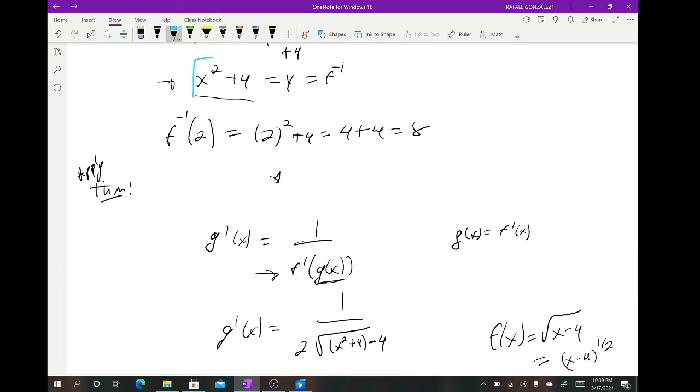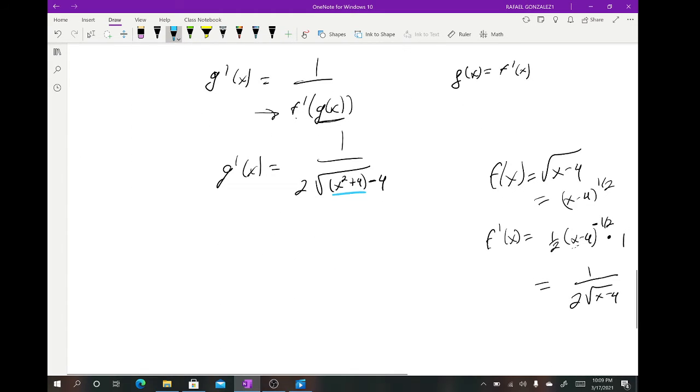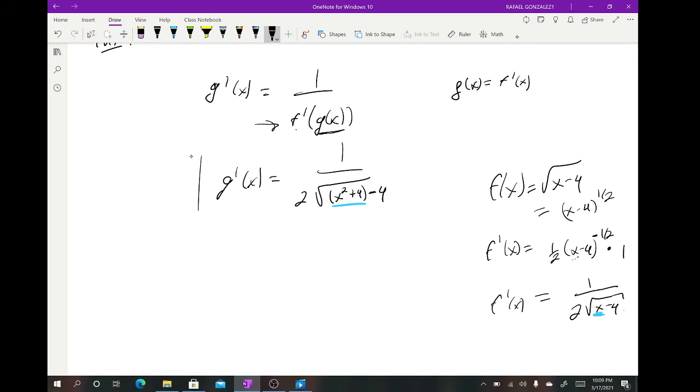So this x squared plus 4 is being substituted in for this single x right here. And then we still have the minus 4 being carried over. And now, this is what the derivative g prime of x will be. And now we simply have to evaluate it at the value given, which was 2.